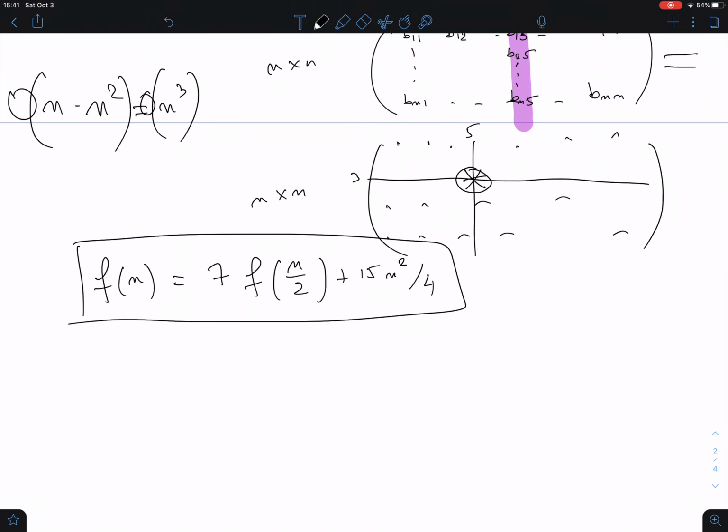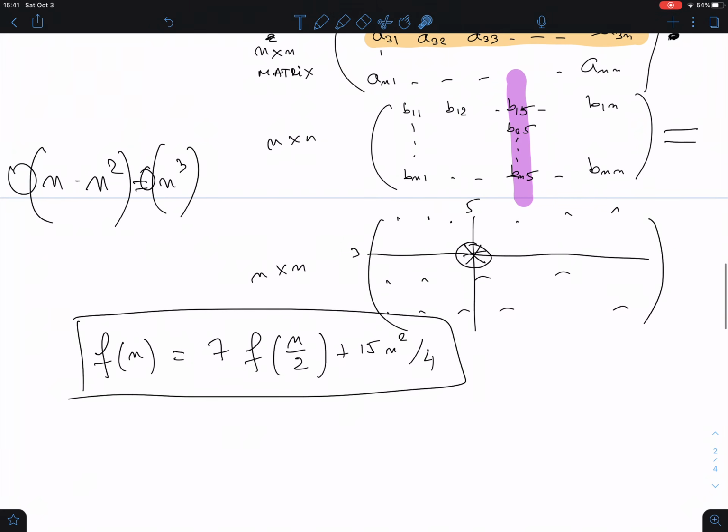So what they do is they divide the problem into smaller problems. They make these matrices into matrices of half the size. So if we start with an 8 by 8, it would now be 4 by 4 matrices. How many of them? 7. Which 7? Don't ask me, okay? And for these 7 smaller blocks, you do the multiplication. I don't know exactly how it works.